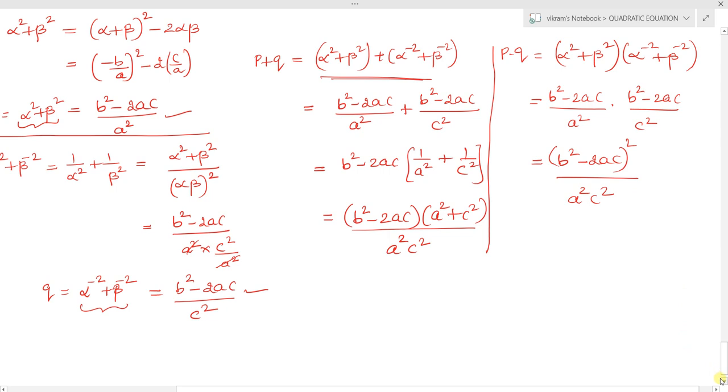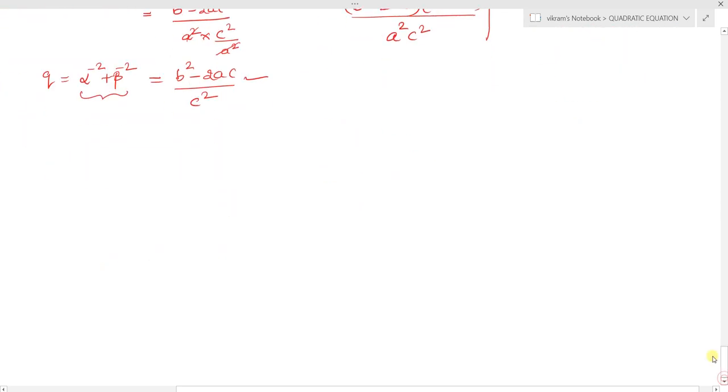Now what is our required equation? The required equation can be written as x square minus (sum of the roots, where one is p and one is q, p being alpha square plus beta square and q being alpha power minus 2 plus beta power minus 2) into x plus p into q equals 0.